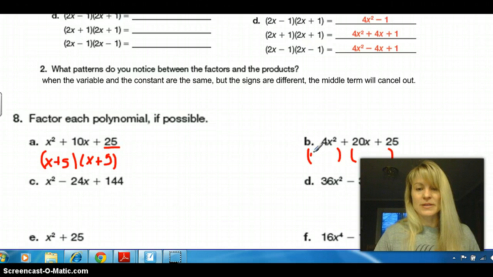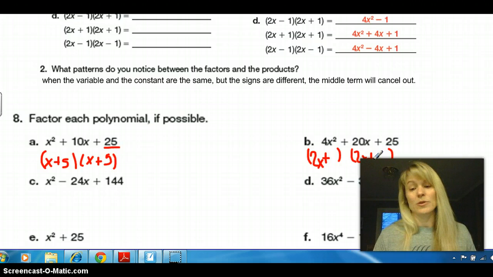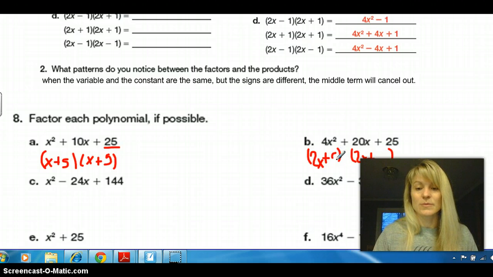So I should know that that's going to be 2x times 2x. I should also notice these are both pluses, so these both have to be pluses. And then again, 25 is a perfect square. And so the only factors are going to be 5 and 5 and 25 and 1. So again, this is going to have to be 5 and 5. And again, if I want to do a quick check, 5 times 2 is 10x, and then this is going to give you 10x, which will give you the 20x as the center term.